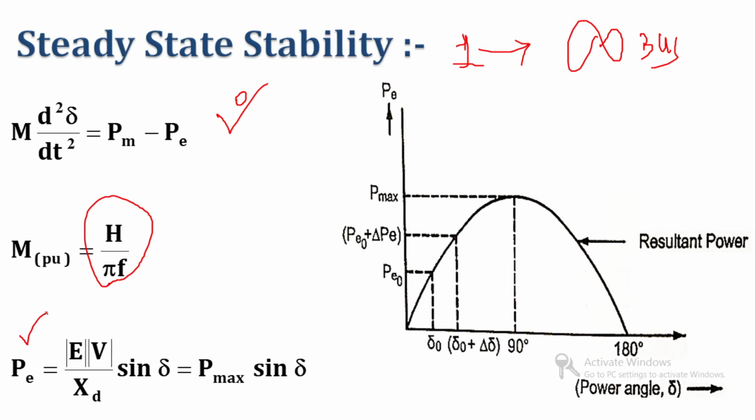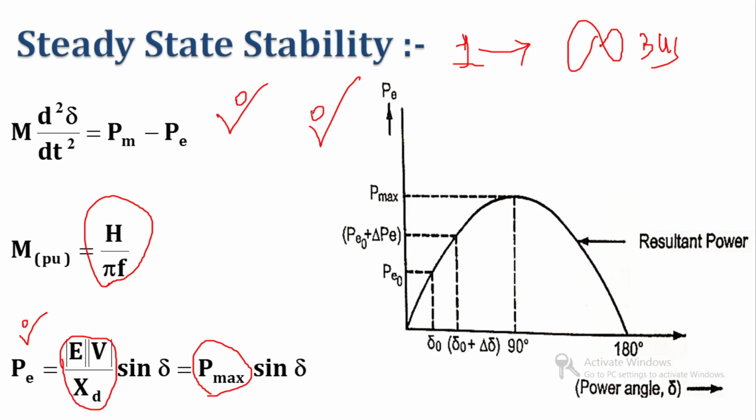That machine will transfer electrical power to the infinite bus, given by Pe is equal to EV by Xd into sin delta, and we know that EV by Xd is equal to P max. So Pe is equal to P max into sin delta, and this is the power angle equation. This is the power angle curve, which you can see over here on your screen. So the swing equation and the power angle curve for that swing equation are shown over here.